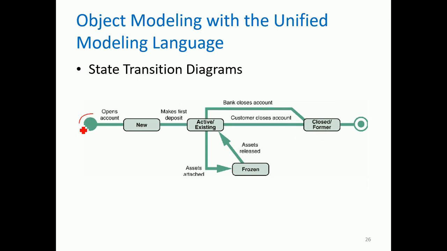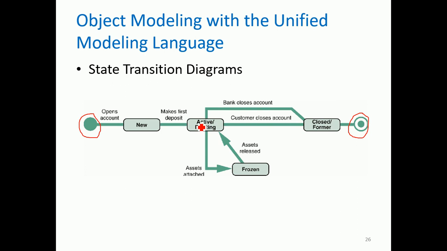This is the start of the state diagram, and this is the end of the state transition diagram. If the customer opens an account, this will be considered new. And then if the customer makes a first deposit, it will become active or existing. If the assets are attached, it will become frozen. And then if the assets are released, it will return to active or existing.